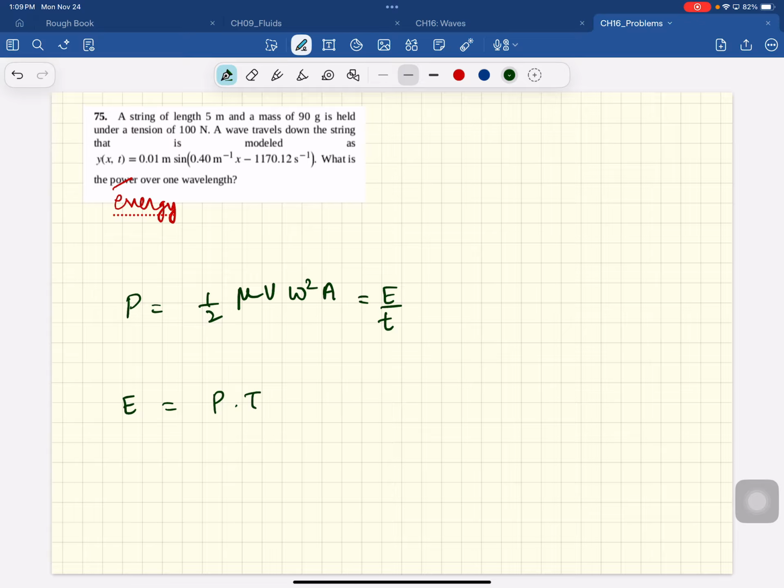Let's first find the period. There's omega. Okay, so there should be a t there. So there's a couple of typos.